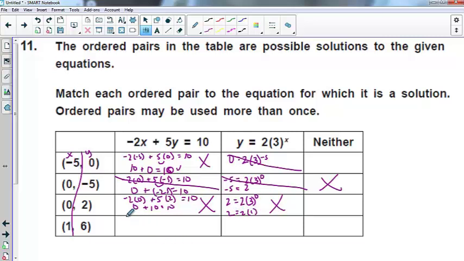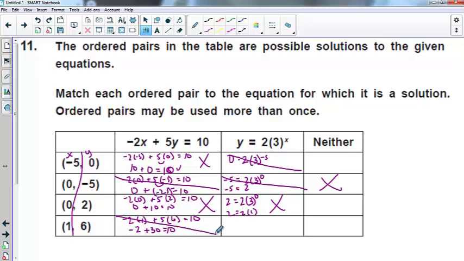Okay, last one. I have -2 times 1 plus 5 times 6 equals 10. So what's -2 times 1? -2 plus 30 equals 10. Is -2 plus 30 equal to 10? What's it equal to? 28.